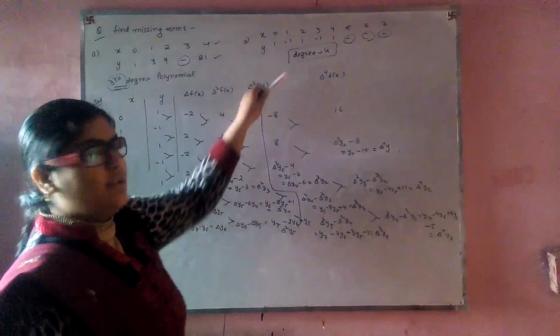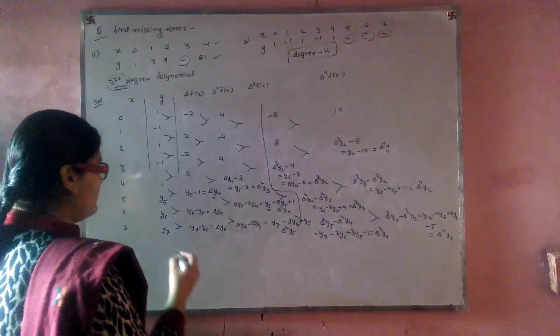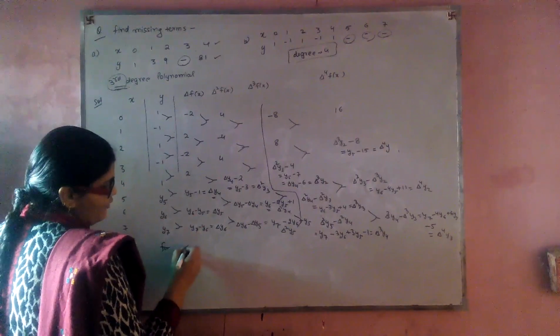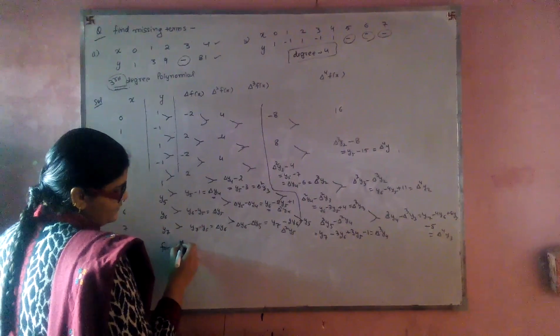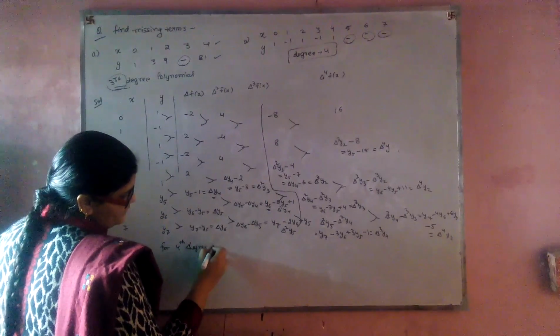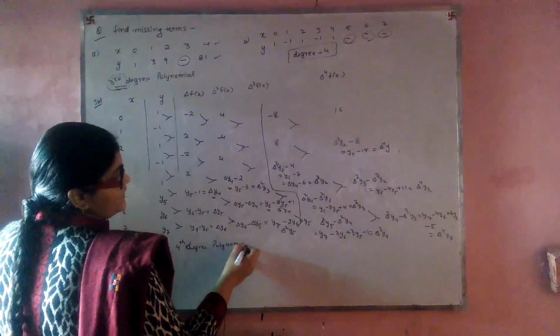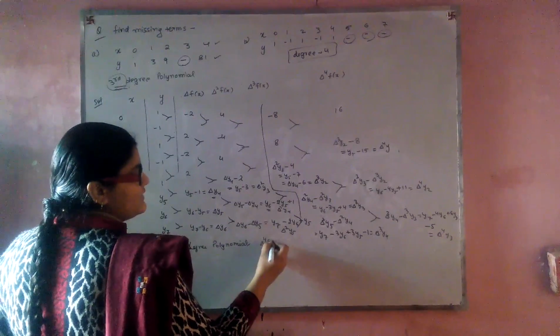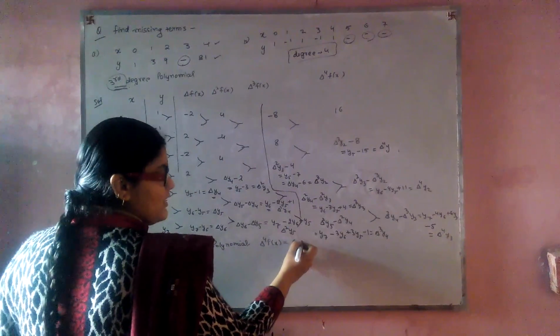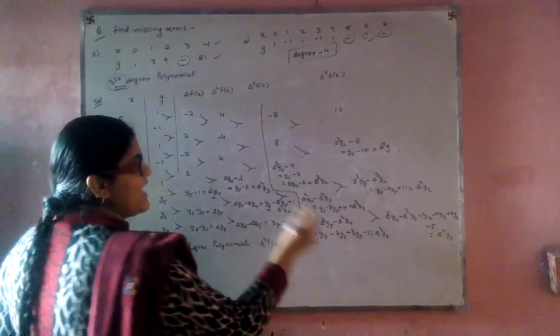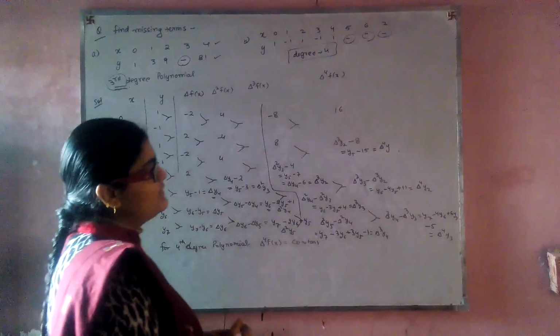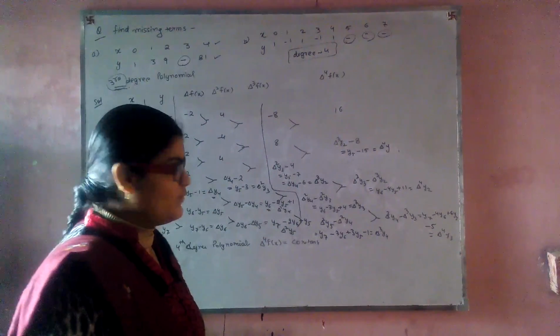As it is a fourth degree polynomial, delta 4 fx is constant and all higher orders become 0.